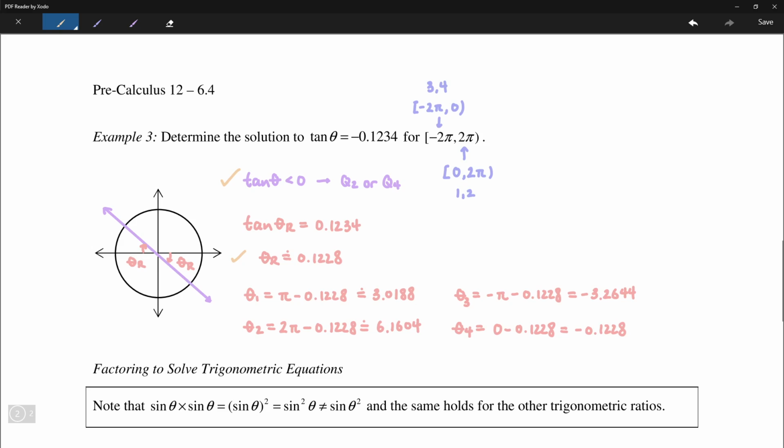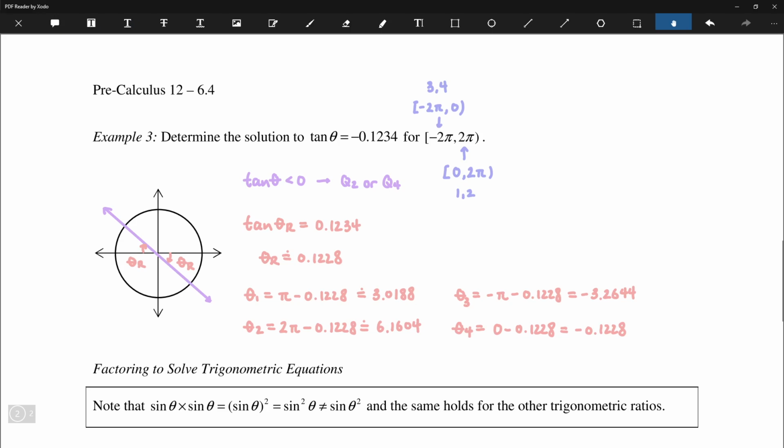And then from there, we use the fact that the reference angle is 0.1228 to find solutions 1 and 2 in the second rotation here, and then solutions 3 and 4 in the rotation before that. And that's a summary of what we did.